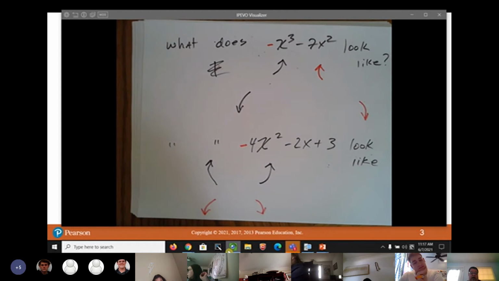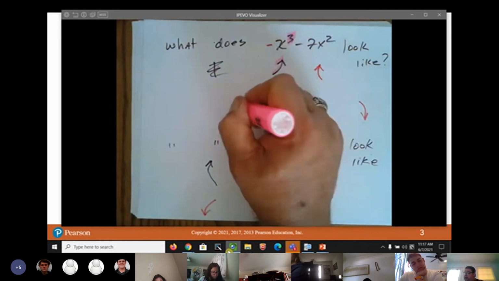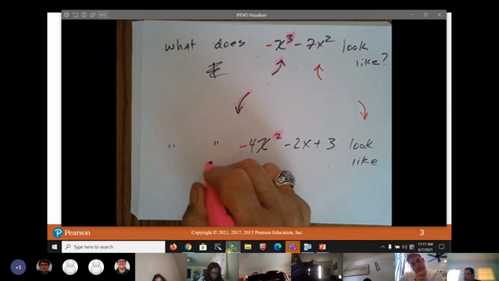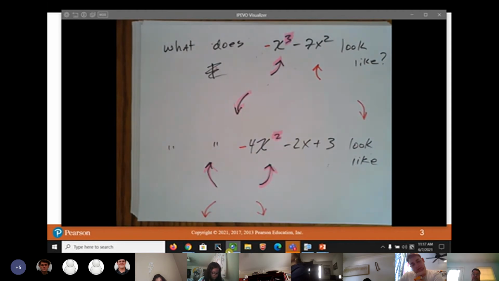When you have an odd function, opposite direction. When you have an even function, same direction. And that is a test question. I think there's a couple on the test that ask this.